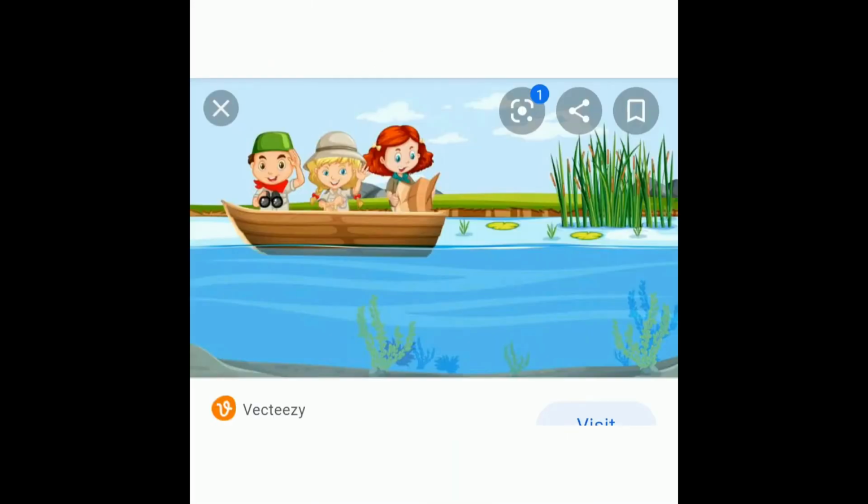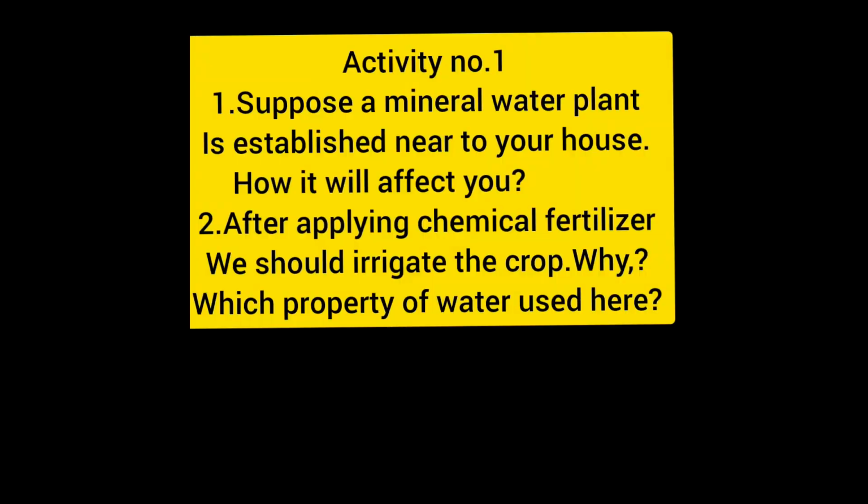By using these properties of water, let's have our first activity, that is activity number 1. The first question: suppose a mineral water plant is established near your house, how will it affect you?